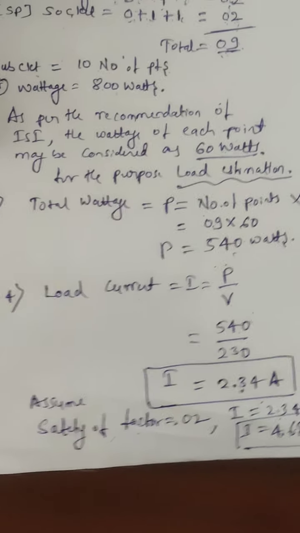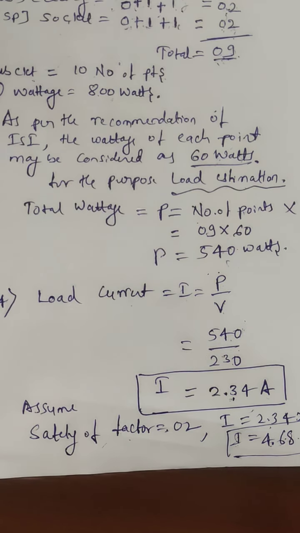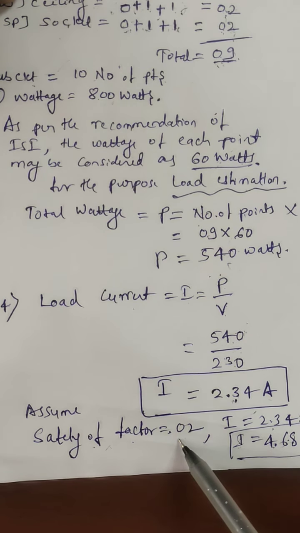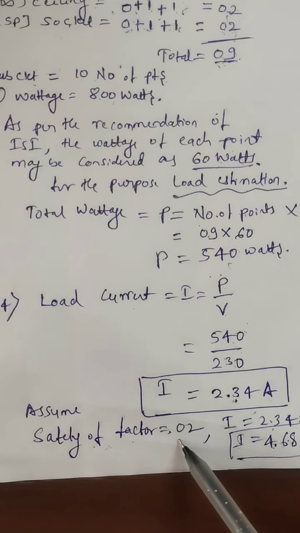But in future, if you want to add some more electrical points like lighting points, ceiling points or socket points, for future extension we need to take a safety factor. The safety factor means that if in future you want to add more points, the cable is installed only one time during the installation.